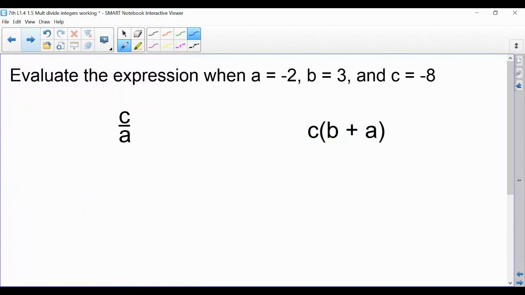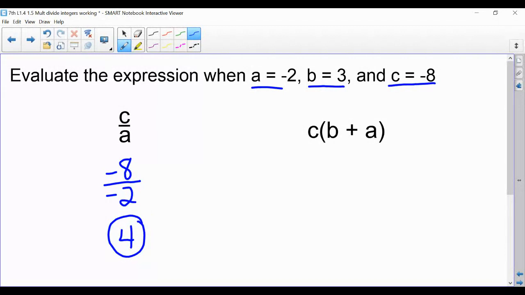Next one over here, we have C divided by A. So C is negative 8 divided by A, which is negative 2. Negative 8 divided by negative 2. So 8 divided by 2 is 4. Negative divided by a negative is positive. And the last one over here says C times the sum of B plus A. So C is negative 8 times the sum of B, which is 3, plus A, which is negative 2.